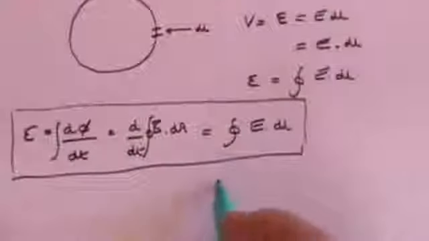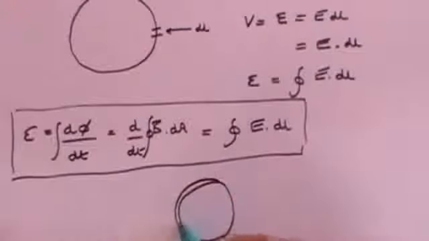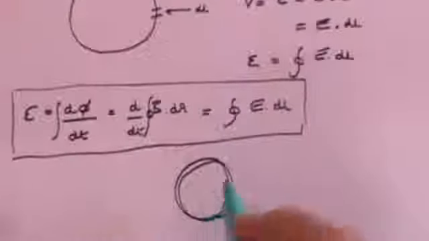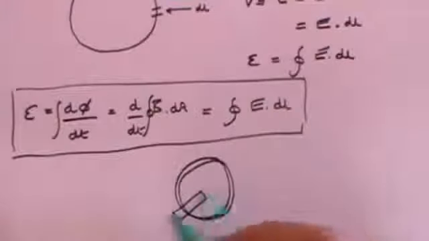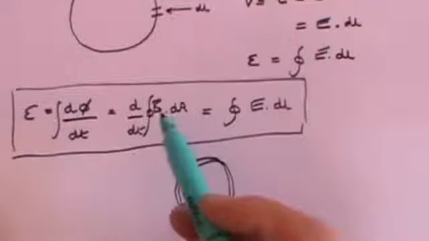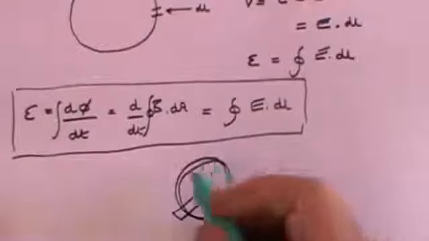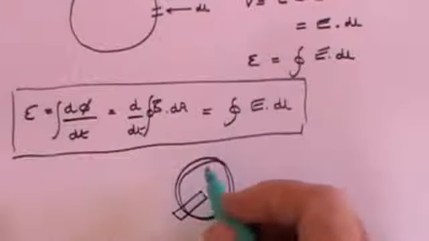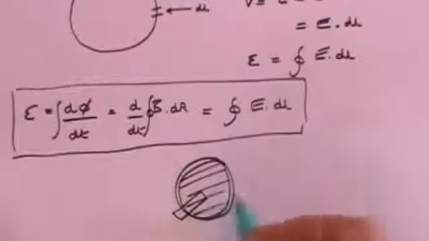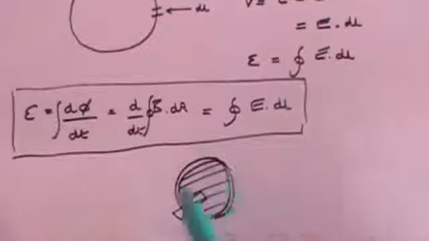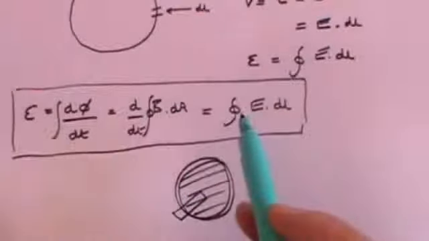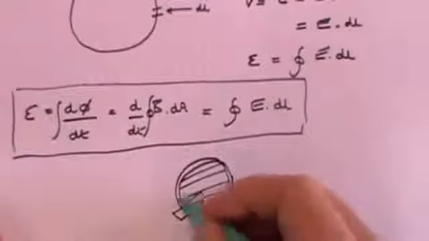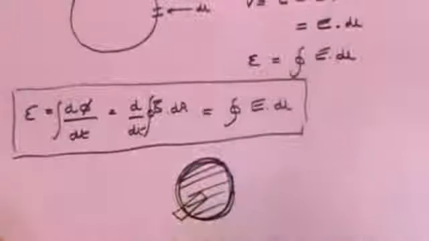Just to remind what we're talking about, remember we started off with the idea of a loop of wire, and we have a magnet which we are moving in and out of that wire. That magnet creates a changing flux, and the integral of that flux going through the area, that open surface, that's this surface here, is equal to the integral over the closed loop, that is this loop here, of E dot dl.